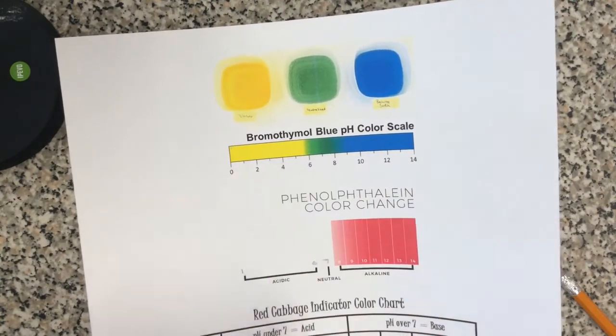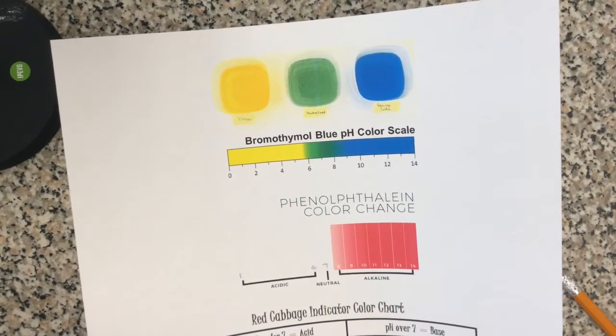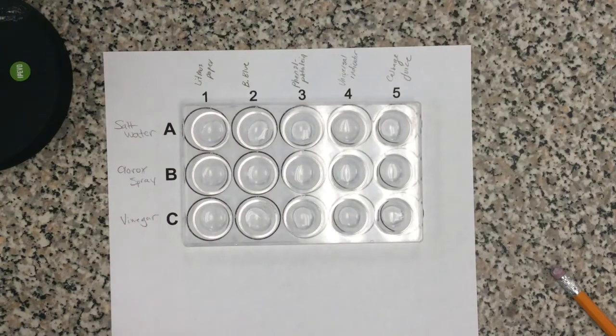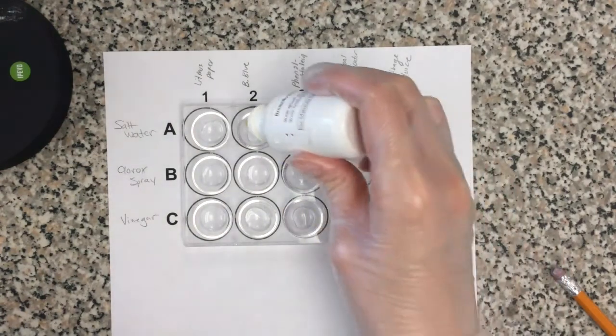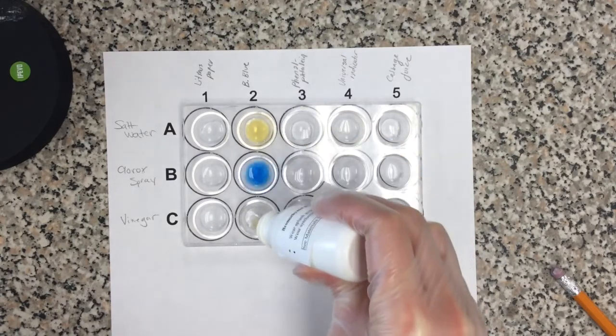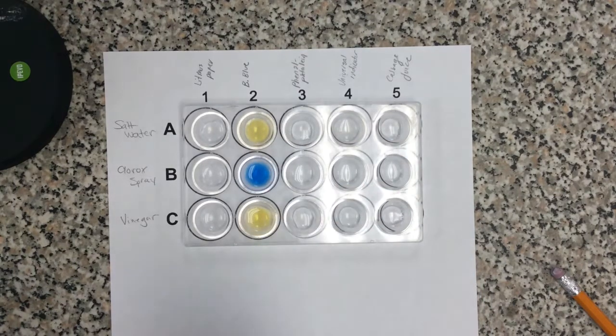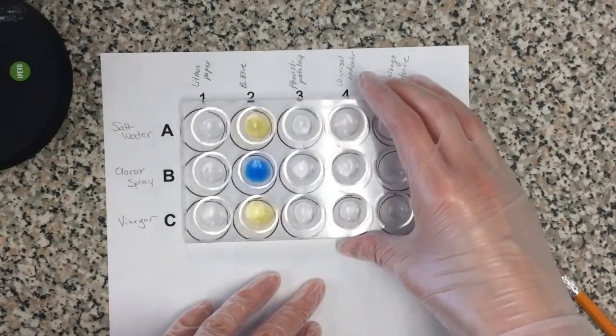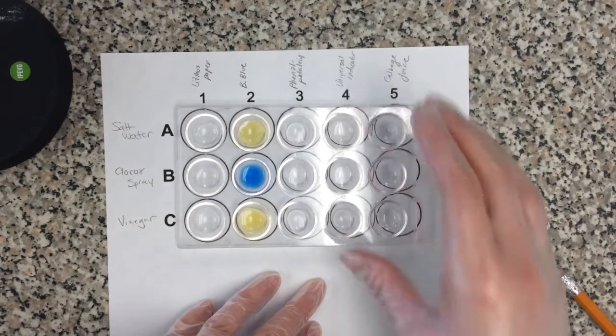And then anything neutral or slightly basic or slightly acidic is green. Okay, so that is the information that you're going to need for these samples. Make sure that you write down the color and the possible pH range.